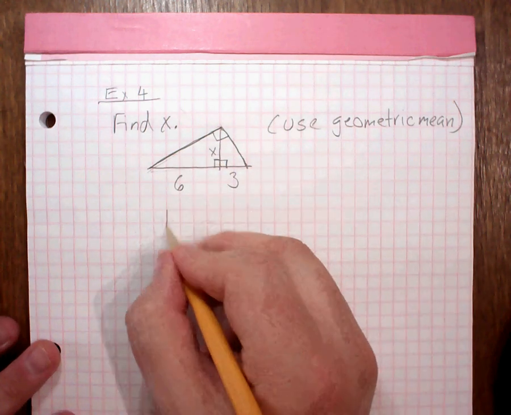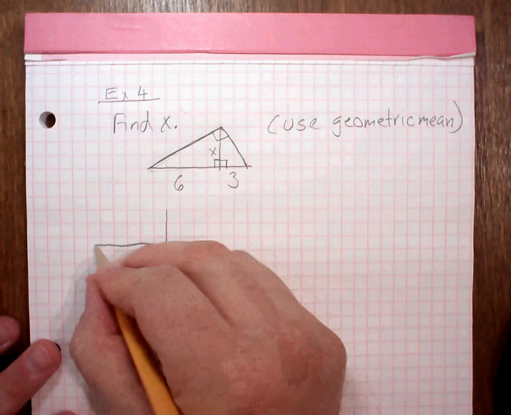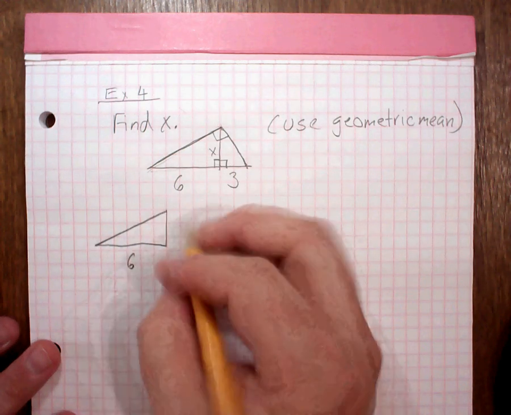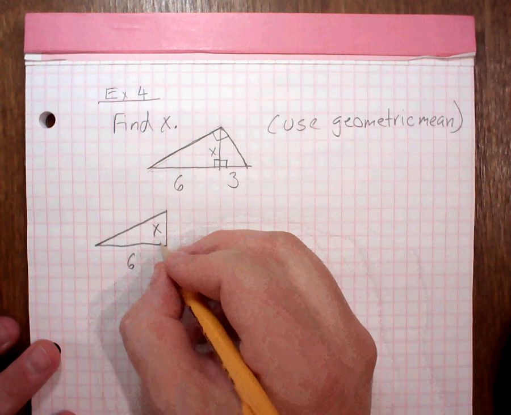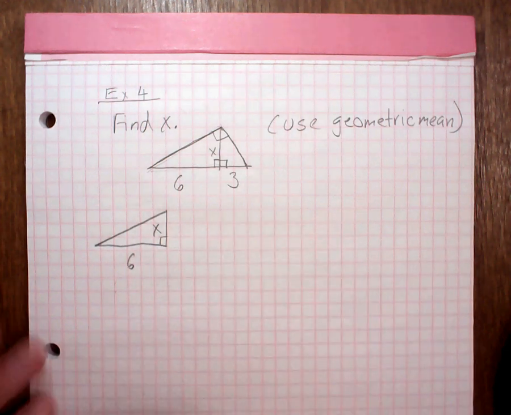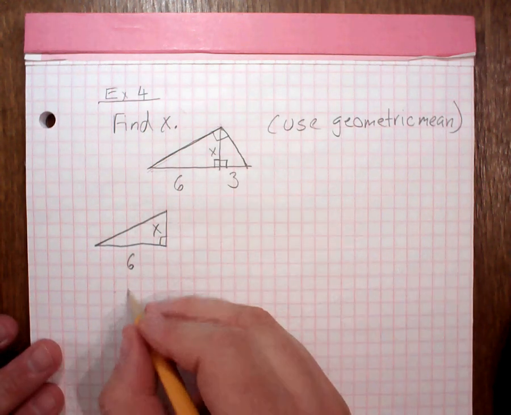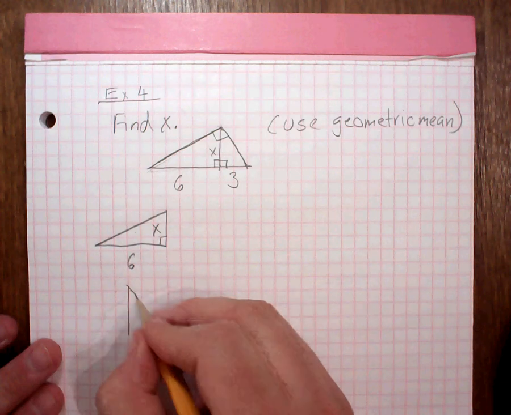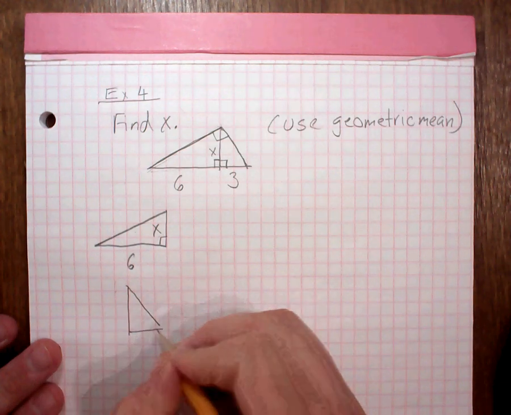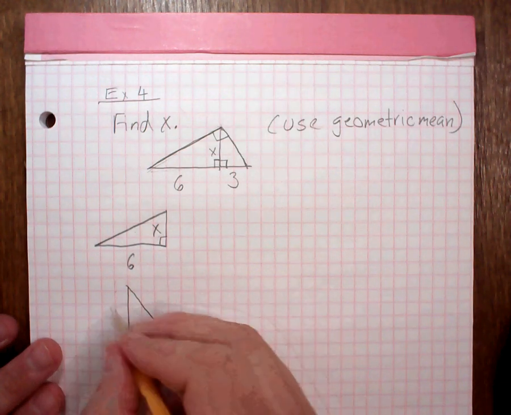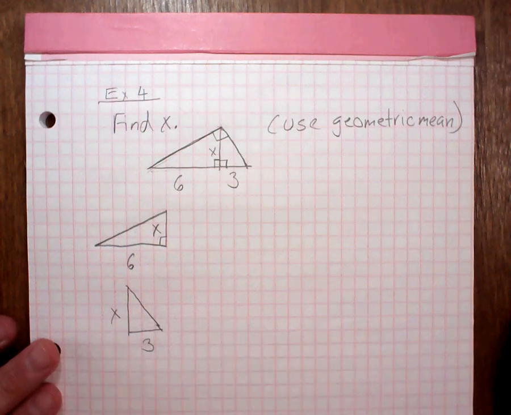So I got a triangle that looks like this, where this is 6 and this is x, okay? Alright, now this other triangle looks like this, where this is 3 and this is x. But we have to figure out what corresponds with what.